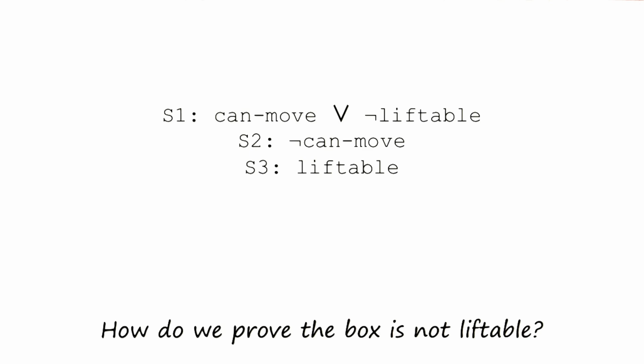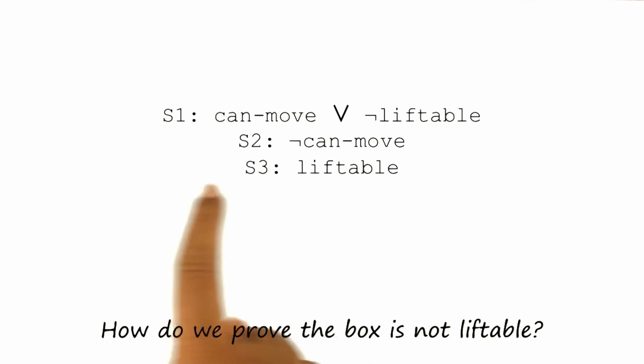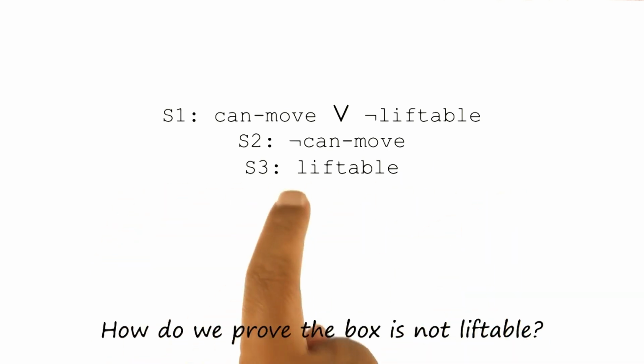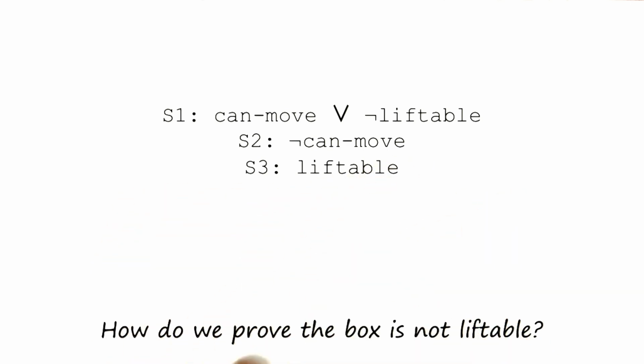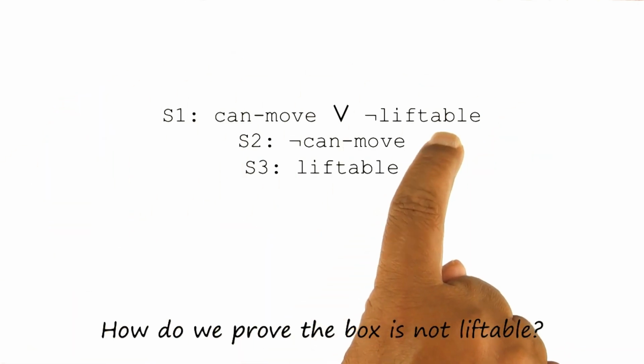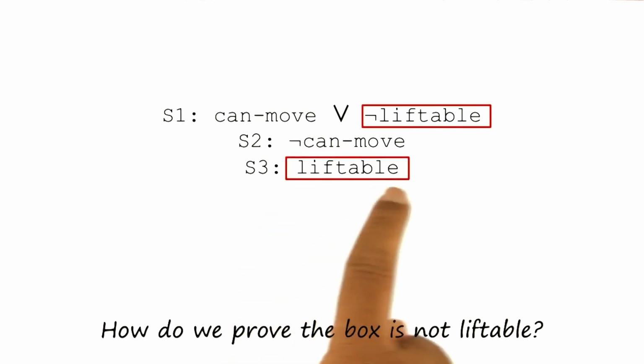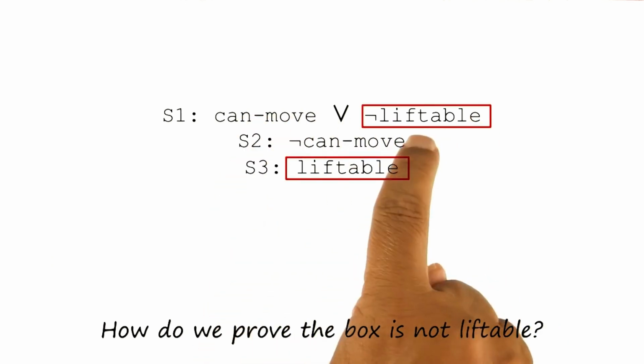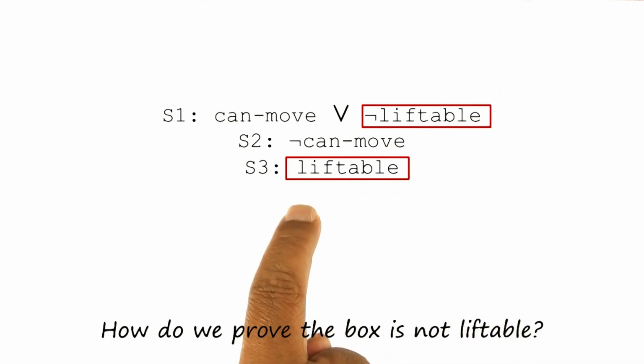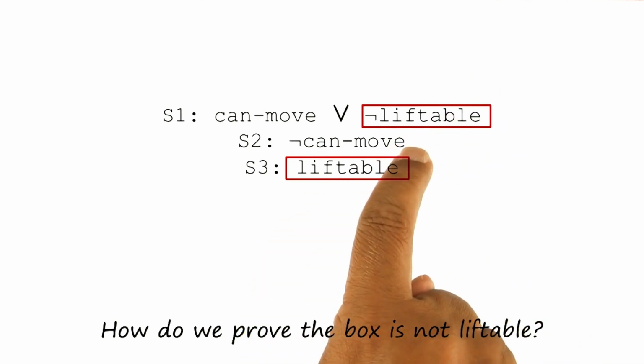In resolution theorem proving, we always begin with a literal in the sentence that we want to prove. So here that sentence is liftable. And we look for a sentence that contains the negation of a literal in this sentence. Sentence S1 contains a literal which is a negation of that. So we pick S1 and not S2.